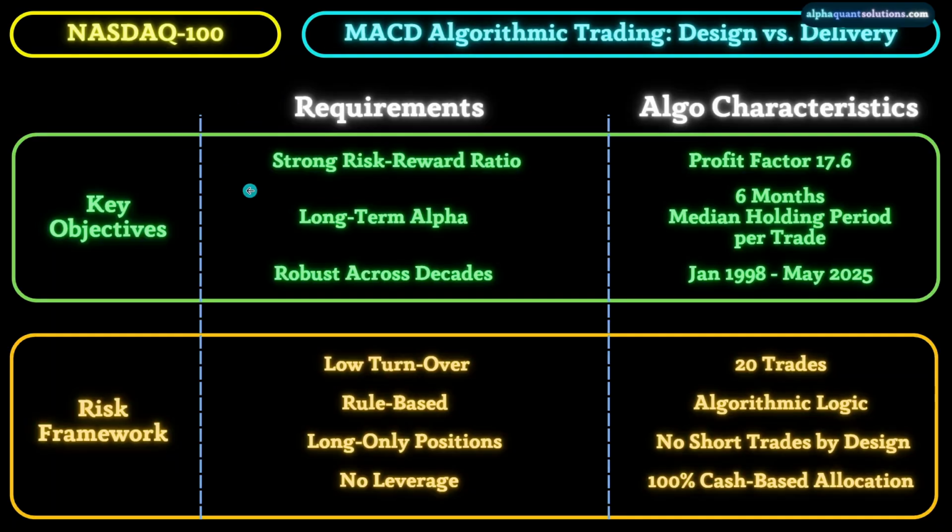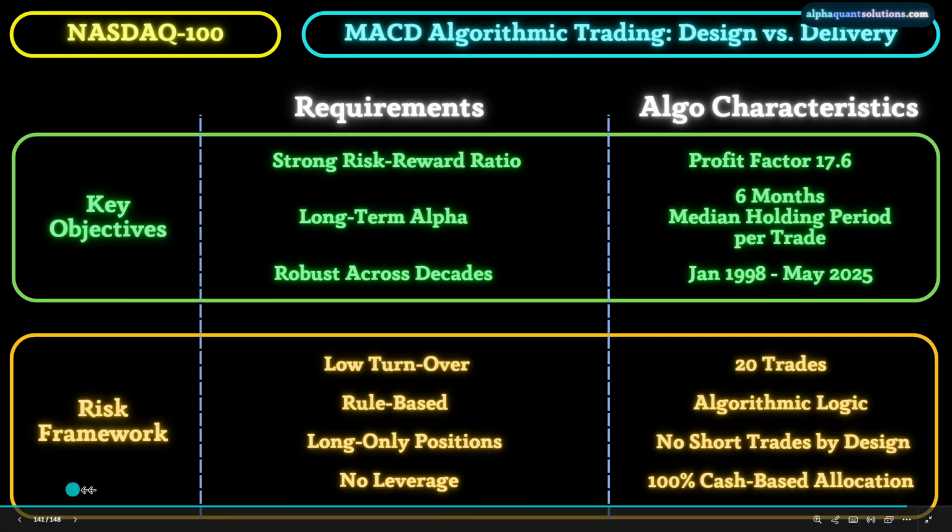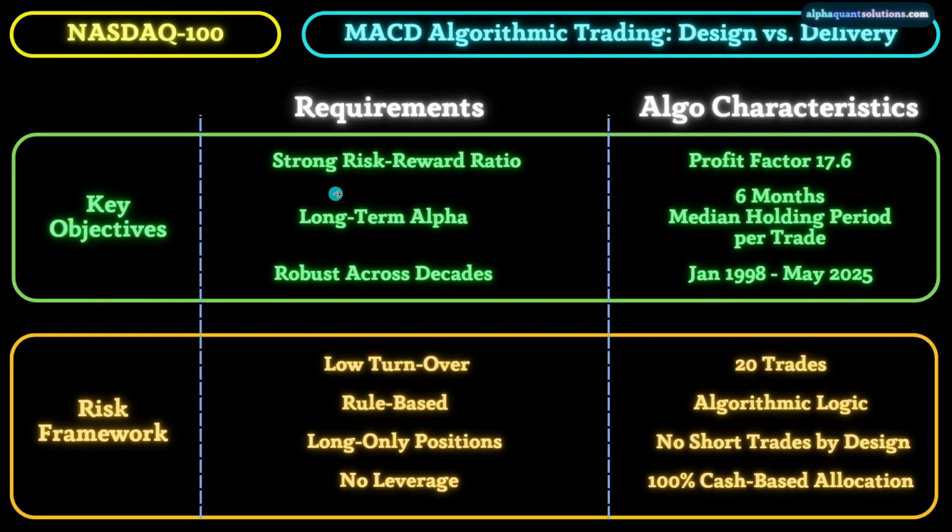Now, coming back to the beginning of our video, remember we talked about our requirements for our algorithm, where we identified two main items, the key objectives and the risk framework. So the key objectives, we had three items: a strong risk-reward ratio, where for the Nasdaq-100 we delivered a profit factor of 17.6.